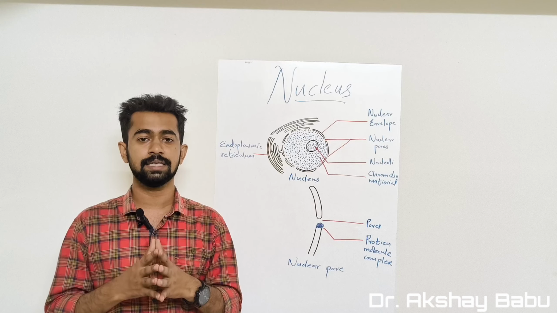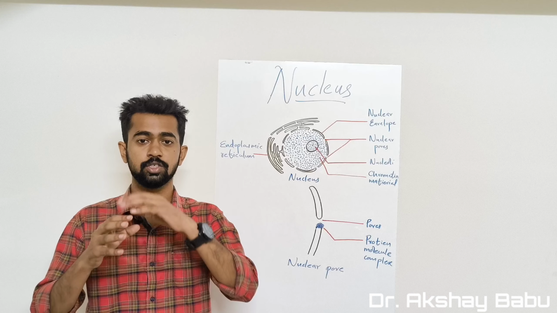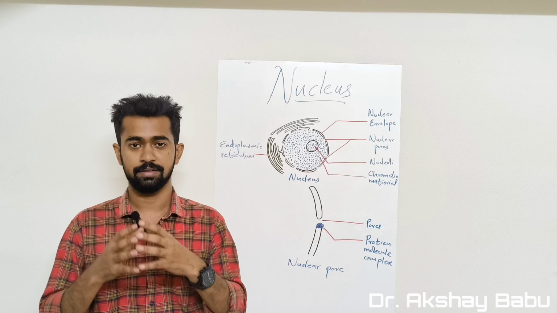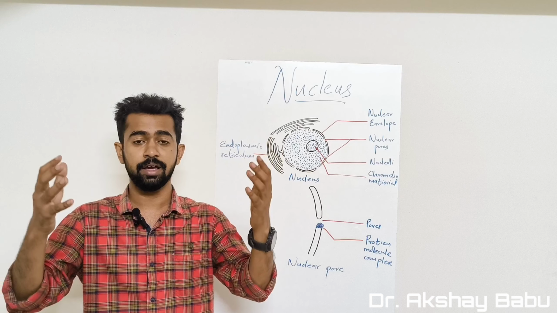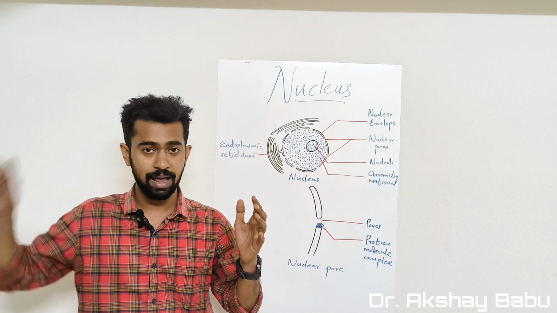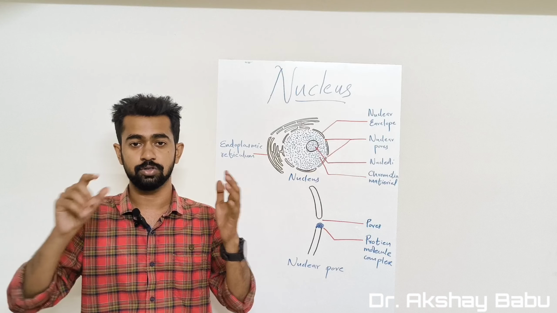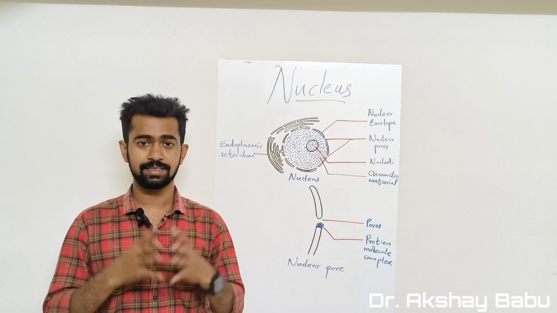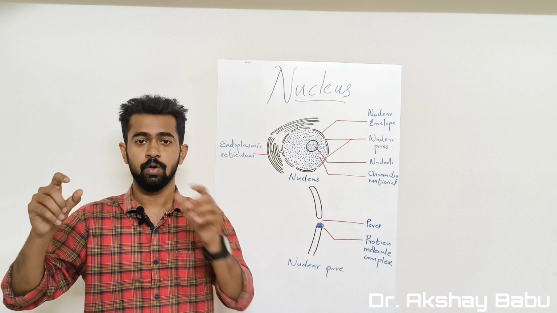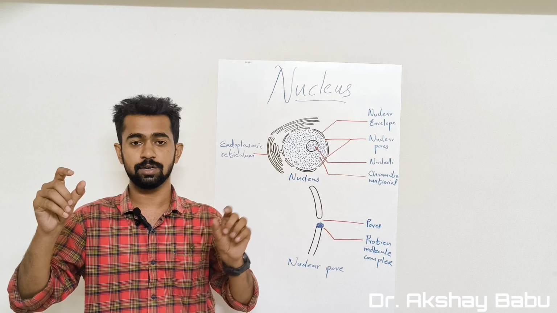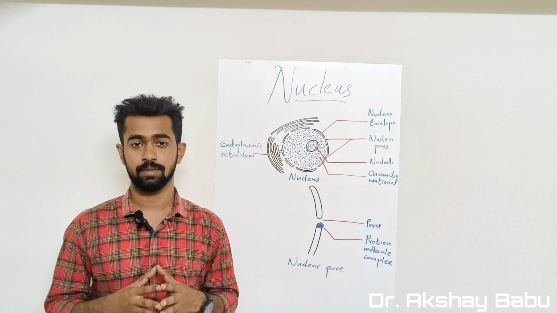Some of this synthesized RNA is stored in this nucleoli, but most of this synthesized RNA is transported to the cytoplasm through nuclear pores. This synthesized RNA which is transported to the cytoplasm will combine with the proteins which are present in the cytoplasm.